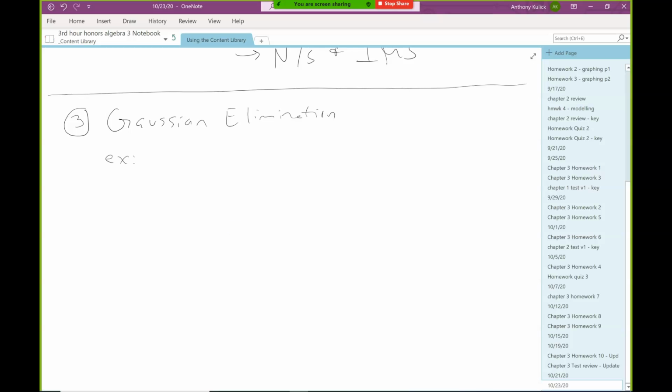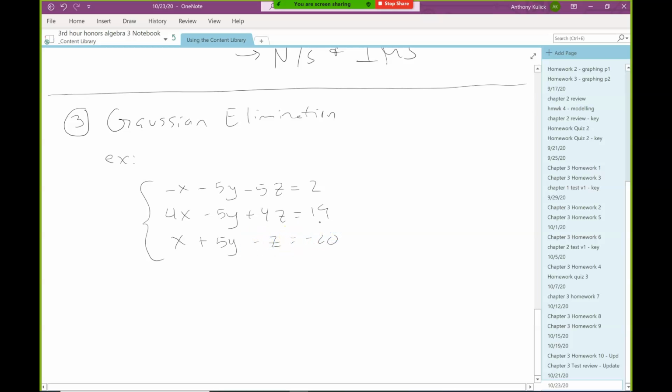So let's look at an example here. 19. And the last one is a negative 20.